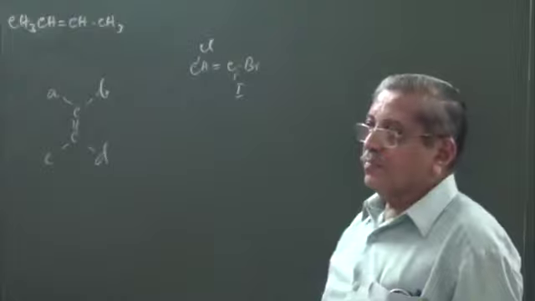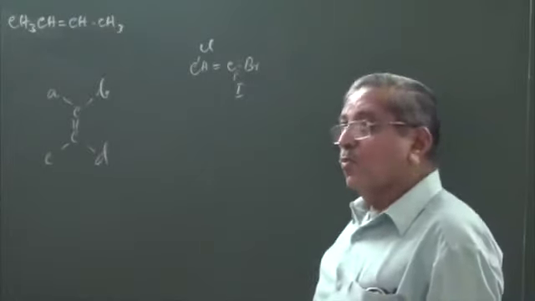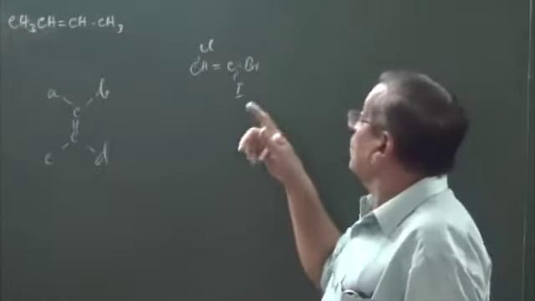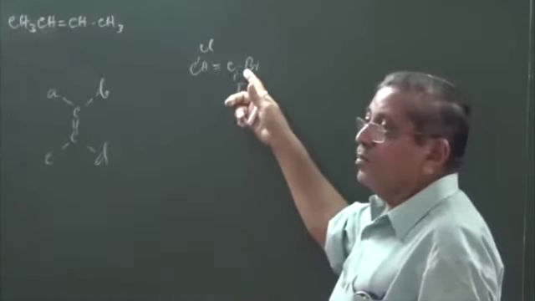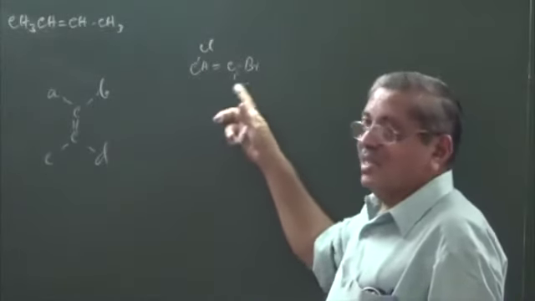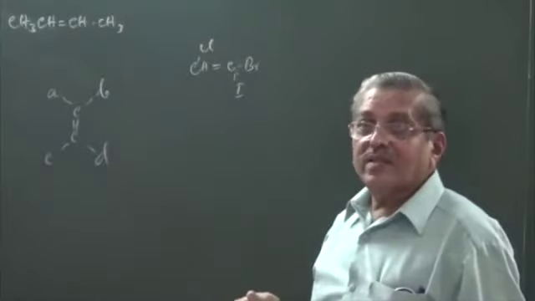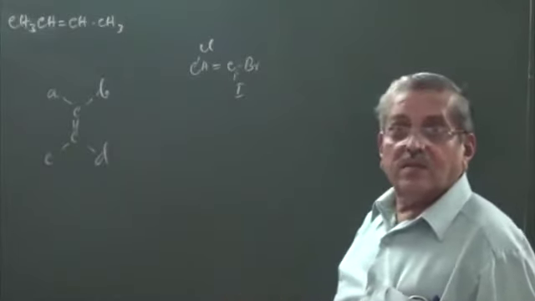What is the answer? It is 1-bromo, 2-chloro, 1-iodo ethene. Will it show geometrical isomerism or not? The answer is yes.